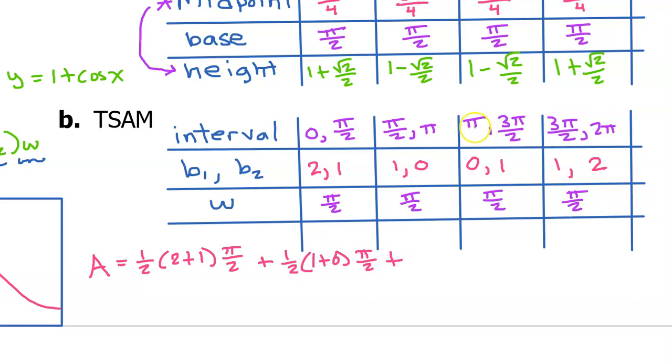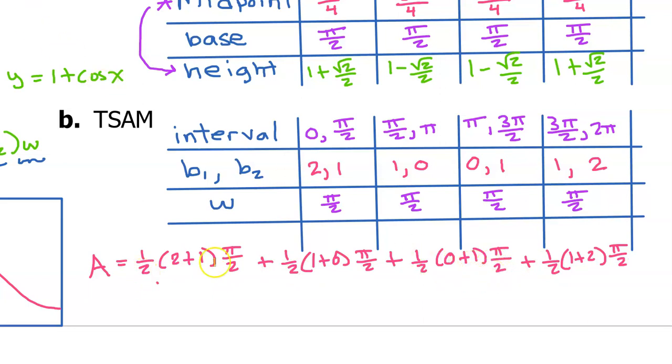Third trapezoid, 1/2 base 1 plus base 2. So 0 plus 1 times the width of pi over 2. And then the fourth trapezoid. 1/2 base 1 plus base 2. So that's 1 plus 2 times the width, which is pi over 2. I accidentally put pi over 4 right here.